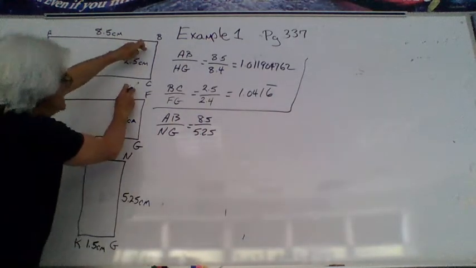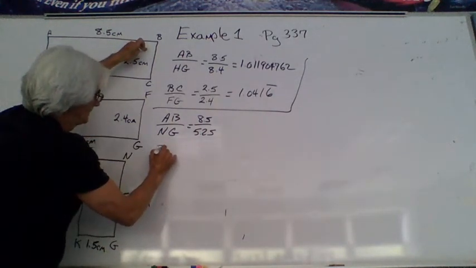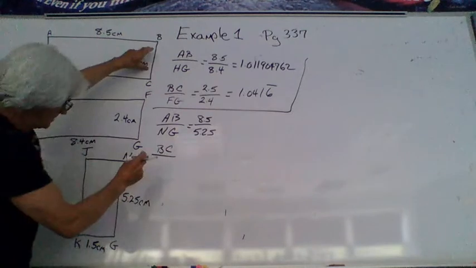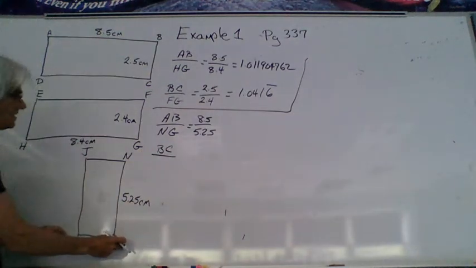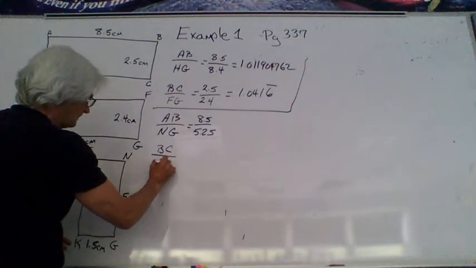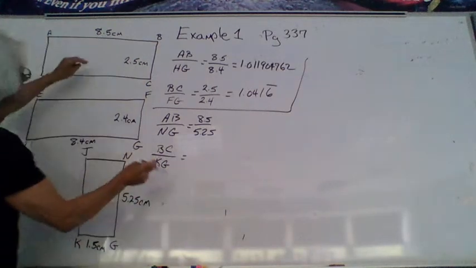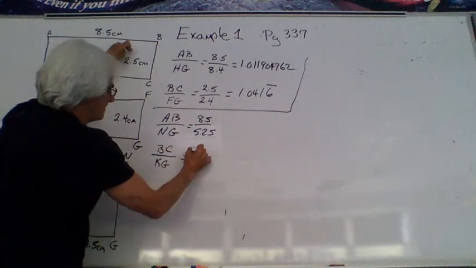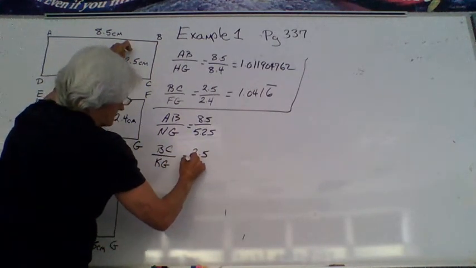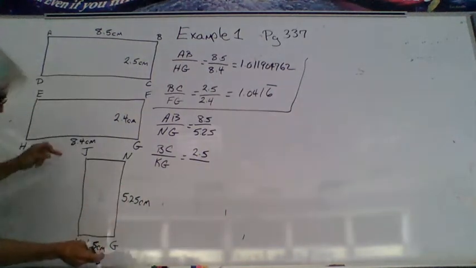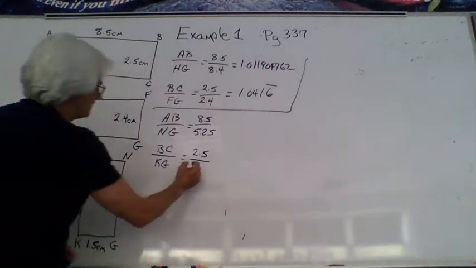Then I'll compare BC, and its corresponding side would be KG. BC is 2.5, KG is 1.5.